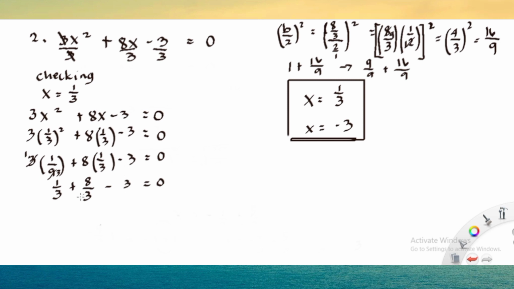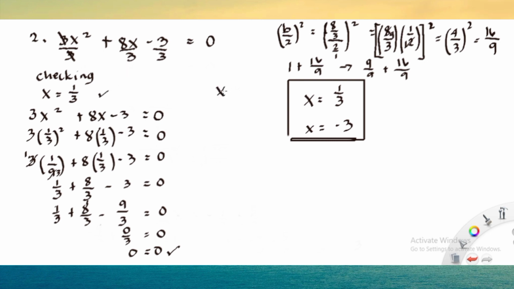Pag ginawa natin tong fraction, similar sa equation na ito, magiging, okay, copy muna natin, 1/3 plus 8/3, okay, minus, this can be written as 9/3, because 9 divided by 3 is 3, okay, so kapareho na silang tatlo ng denominator, equal ba yun sa 0? Let's solve. 1 plus 8 is 9, minus 9 is 0 over 3. Or just simply 0. So, nag-equal, ibig sabihin, x equals 1/3 is correct.